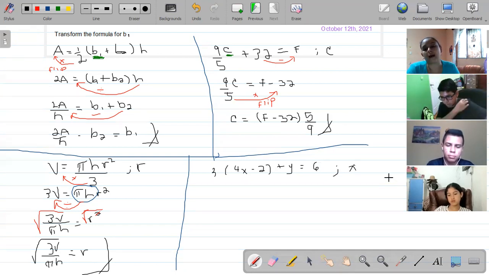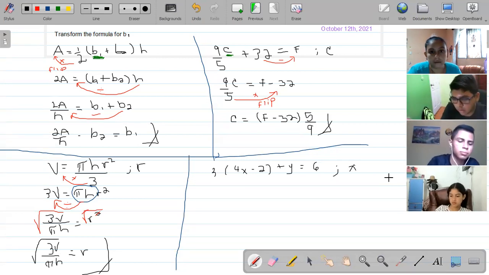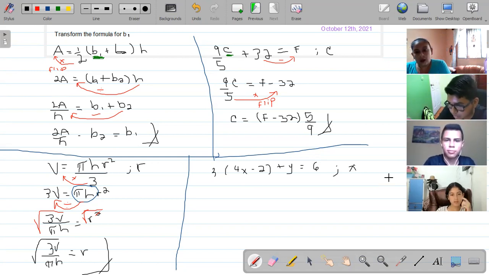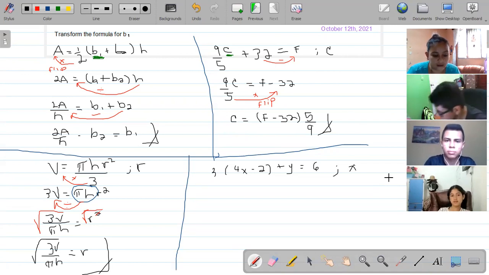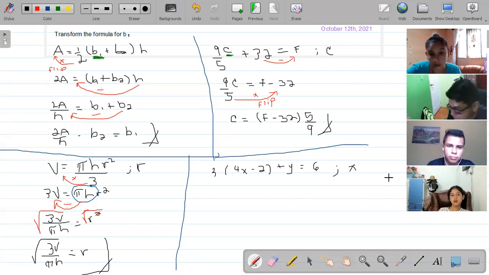You're going to leave the variable x completely alone. So you have 2 minutes, 3 minutes to solve this, and then I'm going to pick someone randomly to help me out with this solution, how to leave the variable x completely alone. So you have 3 minutes from now. You can start.